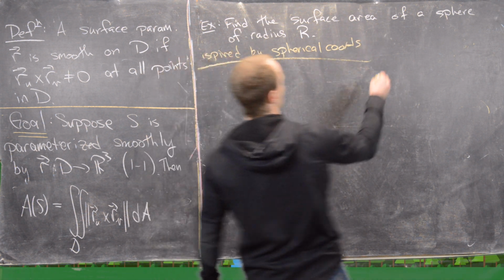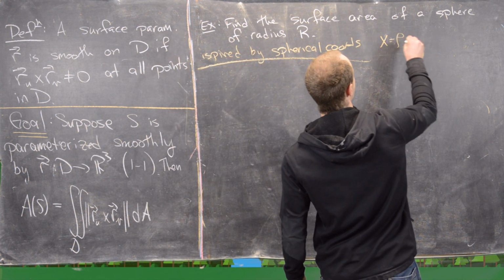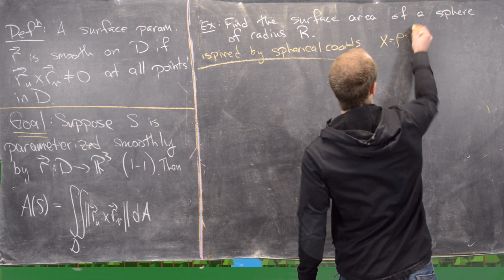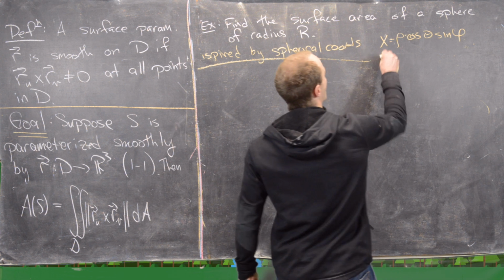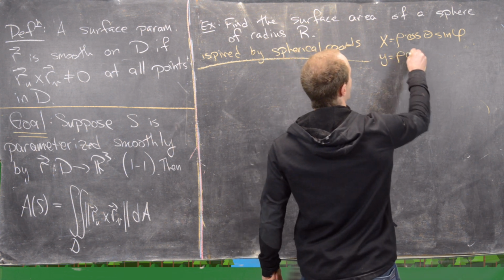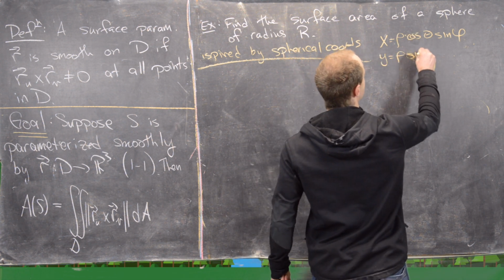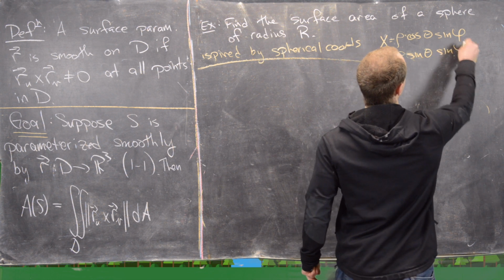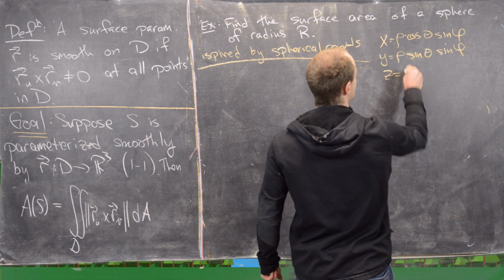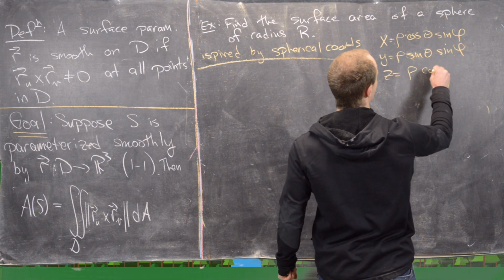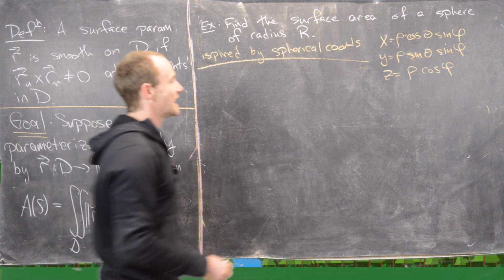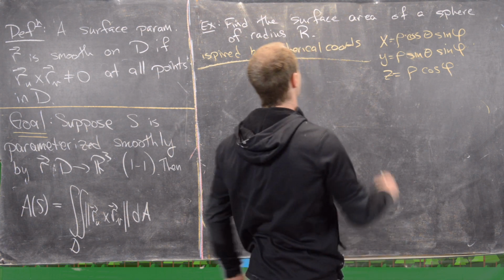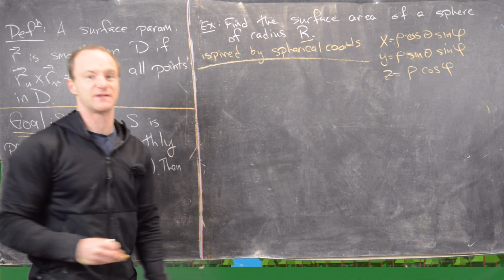Let's just recall spherical coordinates are given by x equals rho cosine theta sine phi, y is equal to rho sine theta sine phi, and then finally z is equal to rho cosine phi. But in this case, what we want to do is set rho equal to this r, which is fixed.